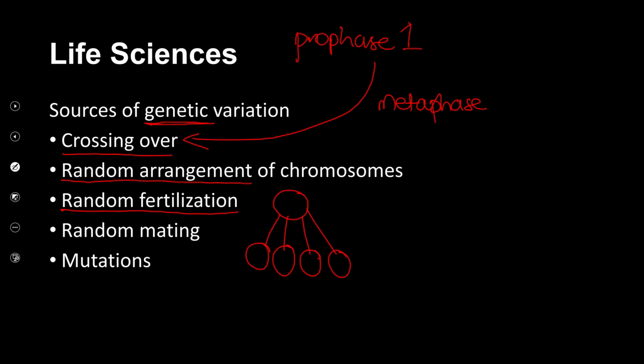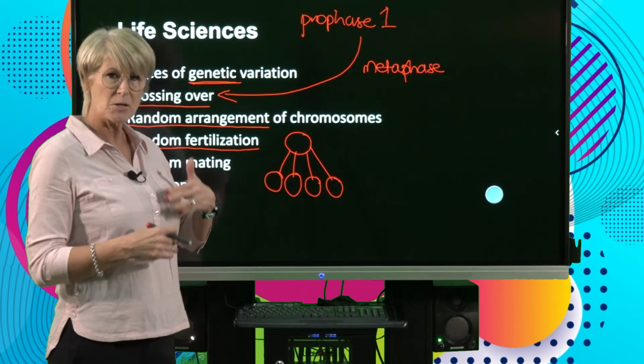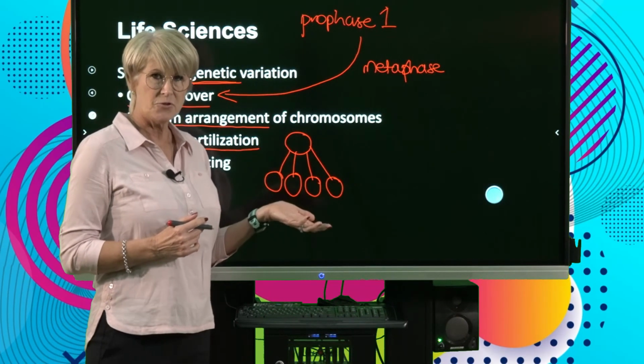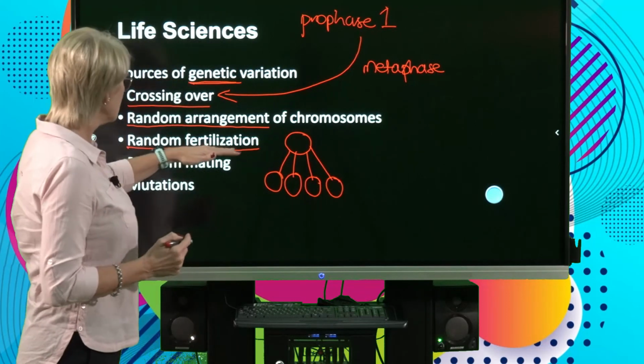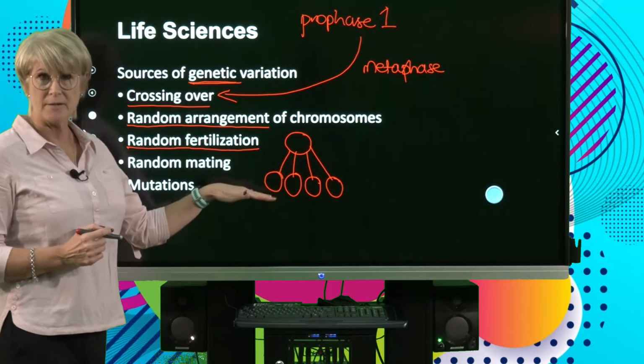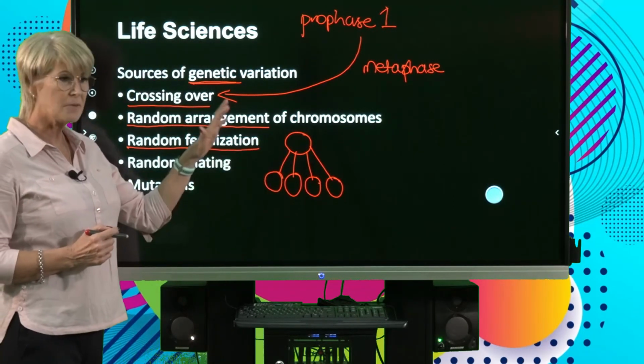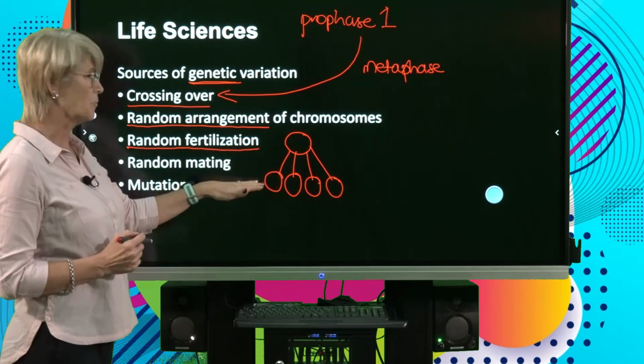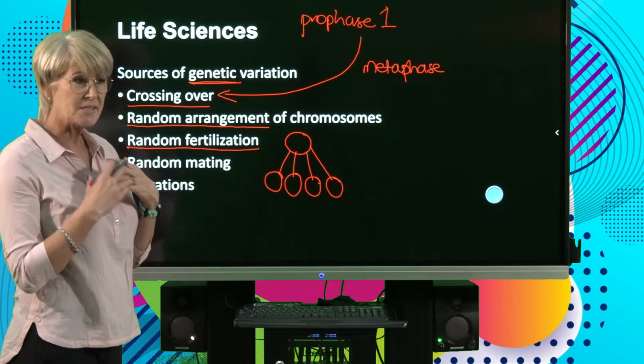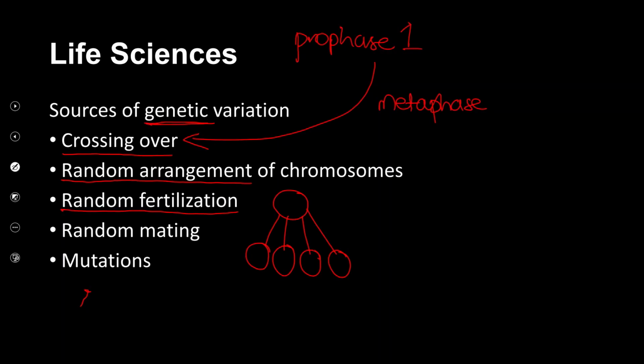If these are sperm cells, any one of those 4 would have the chance of fertilizing the ovum, so we don't know which one. Remember there are thousands and thousands of sperm cells produced. That is why we say that fertilization is random, and because of that randomness, it brings about genetic variation.